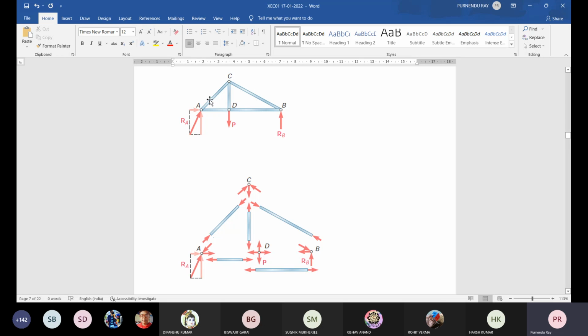AD and AC. So member AC is applying some force on the member AD at the joint A. This is the force applied here, the force corresponding to horizontal member AD. Now force offered by the joint A on the member AD is this one, and this is the equal and opposite force offered by the member AD on the joint A at the end A for the member AD, right? And there will be one reaction.